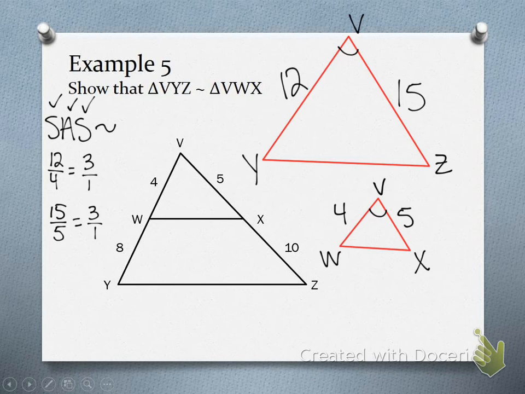So we showed that that's true. We marked our congruent angles. We showed our ratios. If you put the small one on top and your ratios were 1 over 3 instead, that's fine. They already gave us a similarity statement. We don't have to write it again. But we marked our congruent angles and showed our proportional sides.